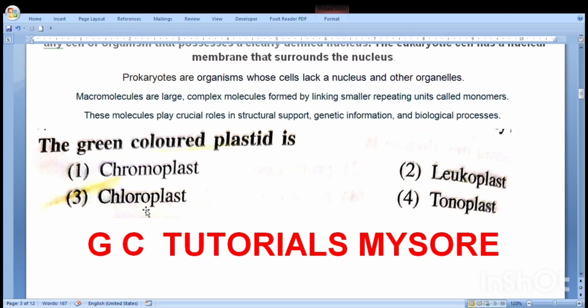That is why it is green in color, because the chlorophyll pigment is present in the chloroplast.